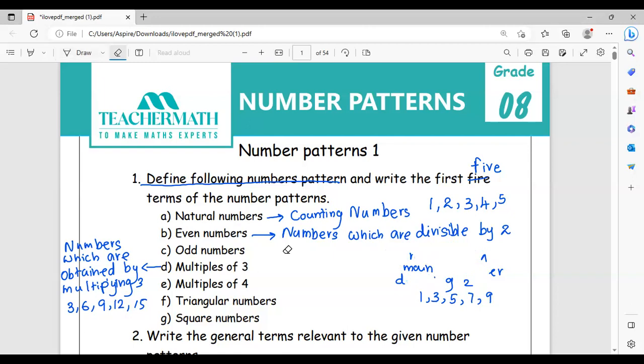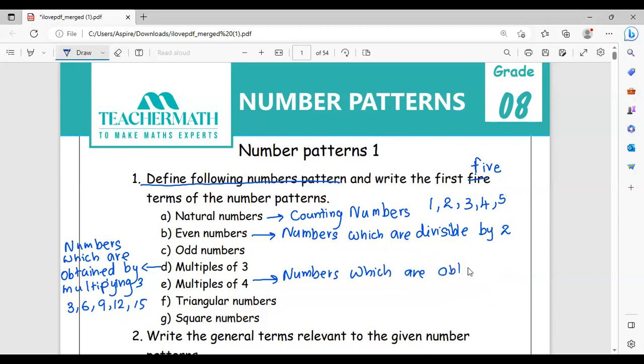Then what are the multiples of 4? Multiples of 4 are numbers which are obtained by multiplying 4.